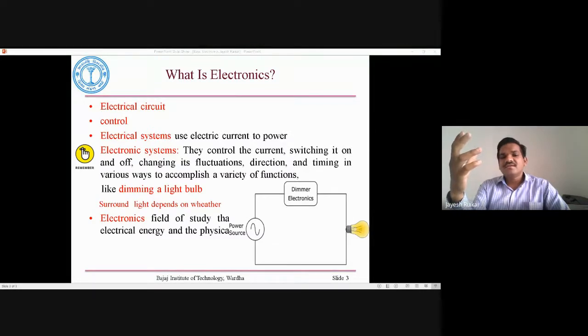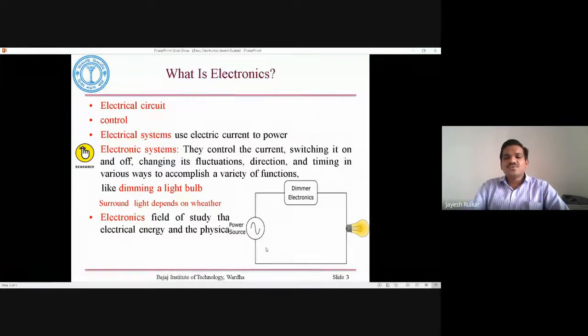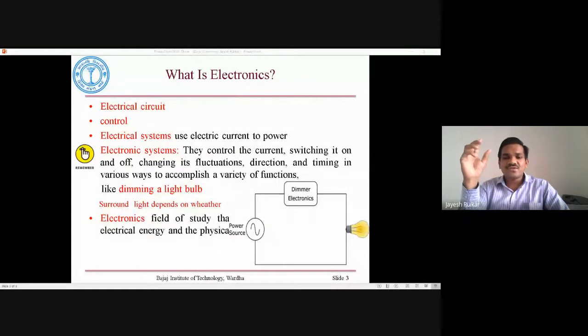And of course if you add a timer to your circuit, you can adjust the light bulbs according to timing also. One example I have taken is the dimming of light bulbs. Right now you can see on Amazon and elsewhere that surrounding bulbs are also available.